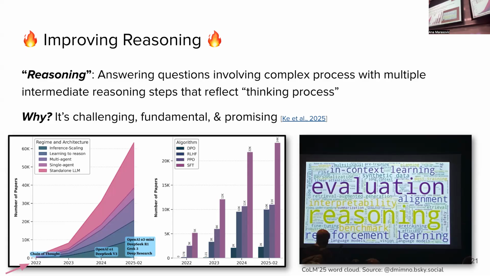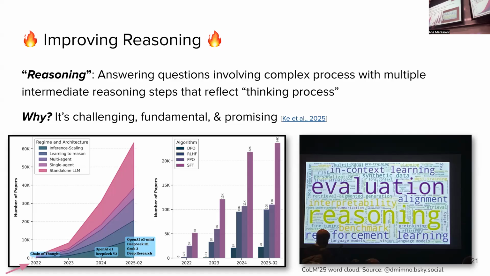So how come that the community, this is 2025, how many papers are there on reasoning language models? This paper estimated there are 60,000 research papers on reasoning language models in 2025. What is it? Just by February? A very short period.